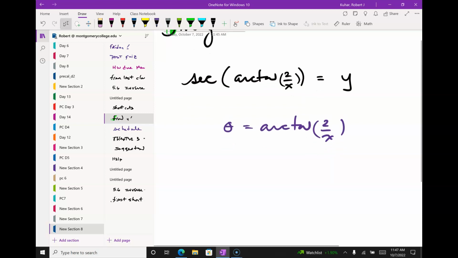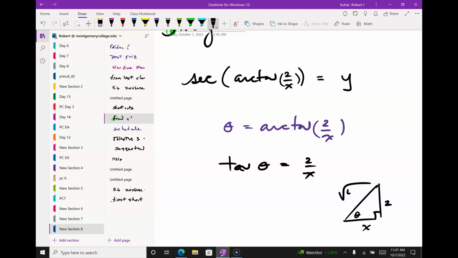All right, we're ready. Oh, sorry, I didn't get my triangle, right? So instead of theta equals arctan, what am I going to say? Tangent of theta is what? 2 over x. So I see a triangle already, right? Right triangle. Height is 2, base is x. Remaining side is what? Square root of 4 plus x squared. Is that okay?